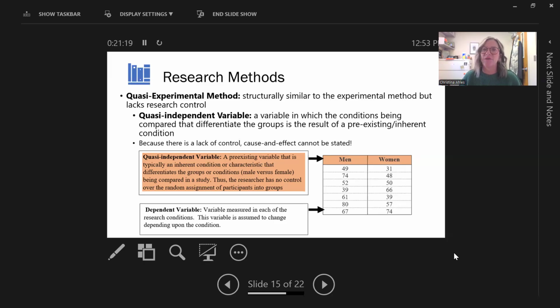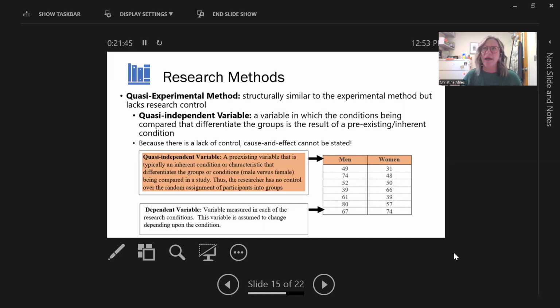So in this case, you can see there's men and there's women. The researcher can't control what chromosomes you're born with. And we're talking about sex rather than gender. When we relate to men and women we often use the term gender, but to be completely biologically scientific, let's refer to that as sex.